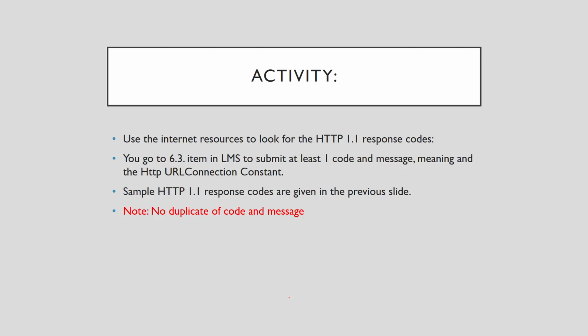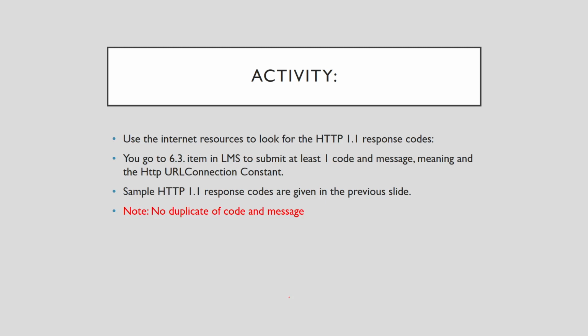Now, the other HTTP response codes will be given as an activity in the 6.3 item in LMS. That is, you can use the internet resources to look for the HTTP response codes. And you can choose at least one code and message to be submitted in the 6.3 item.